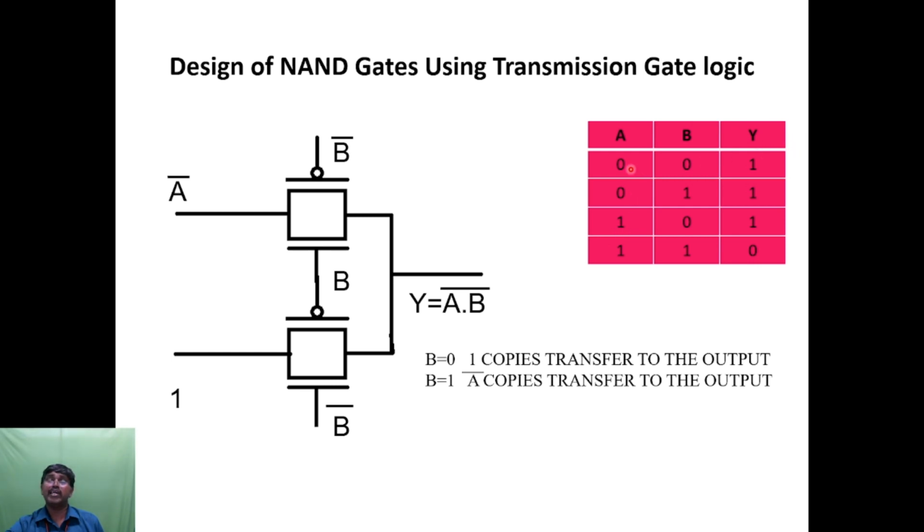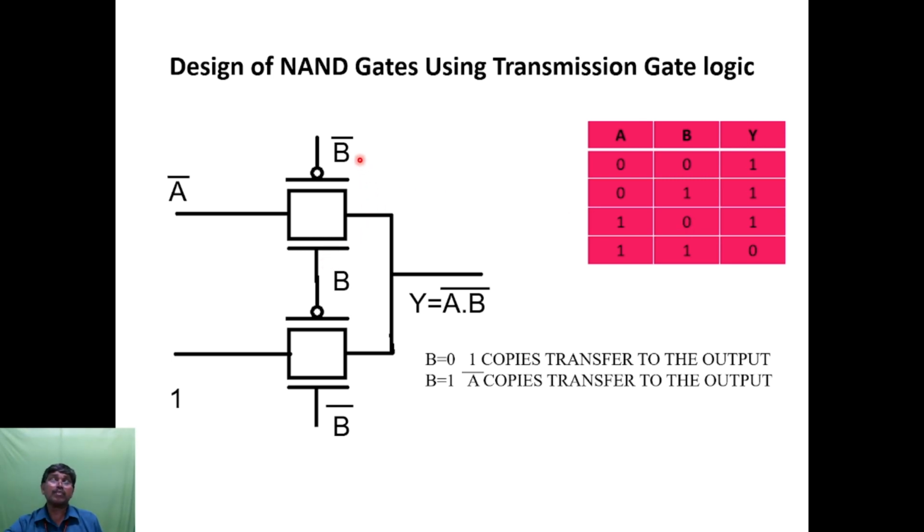That is the concept. When A is equal to 0, output will be low. When A is equal to 1, output will be low. The condition is the same for the control input: when B is equal to 0, here also B is equal to 0.